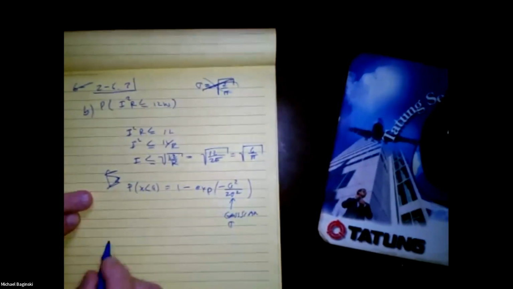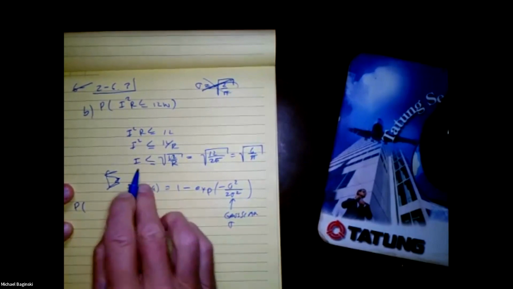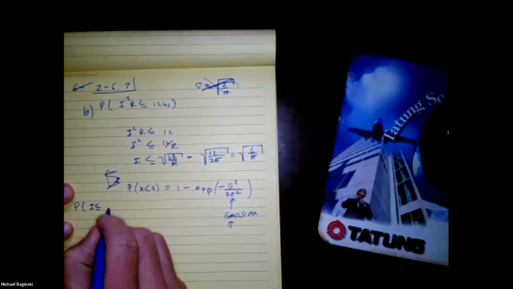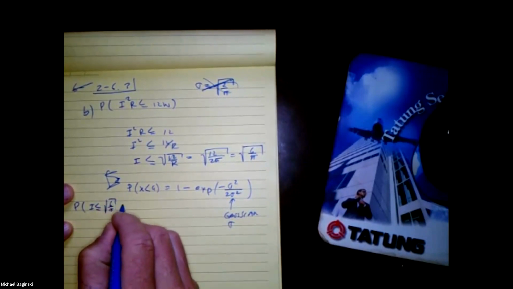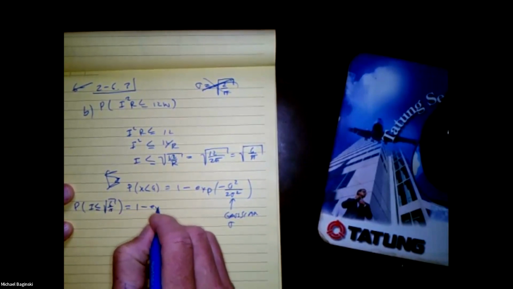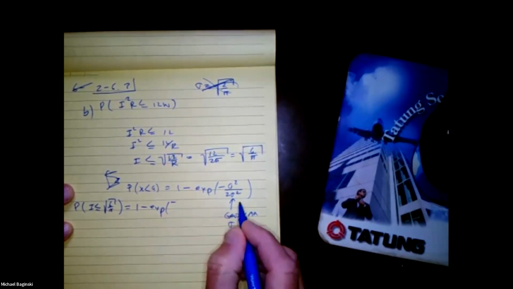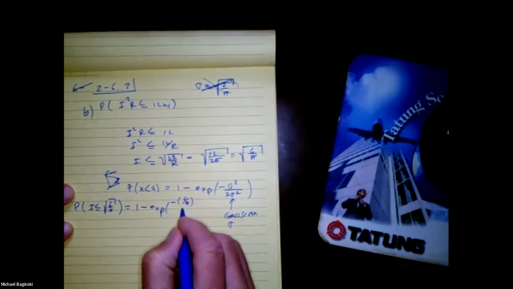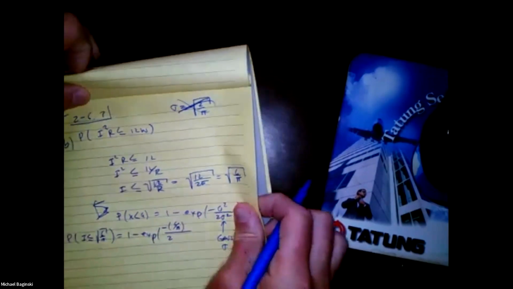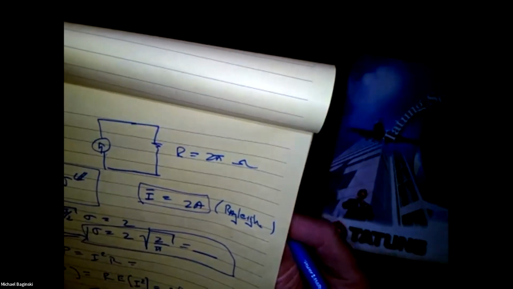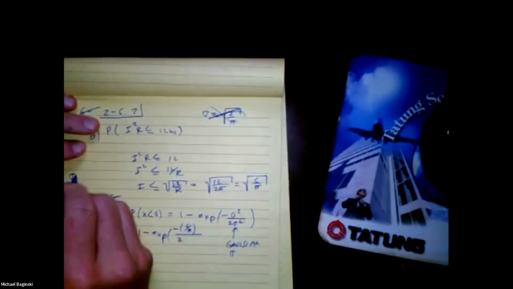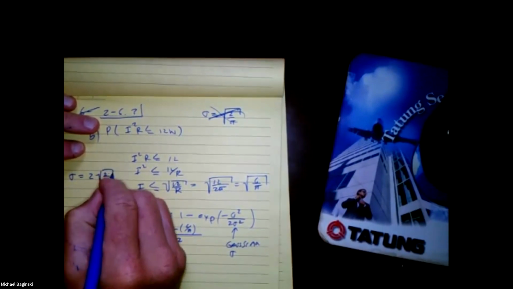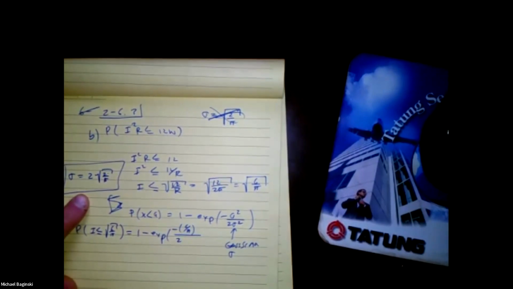Now, that's the probability. So the probability of I itself being less than or equal to the square root of 6 over pi is equal to 1 minus exp of minus, that's going to be squared, so 6 over pi over 2, and what was that sigma value? The value of sigma was 2 square root of 2 over pi, and this is of course the Gaussian one.